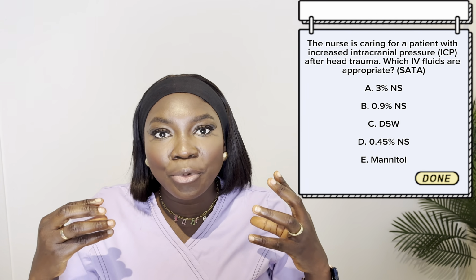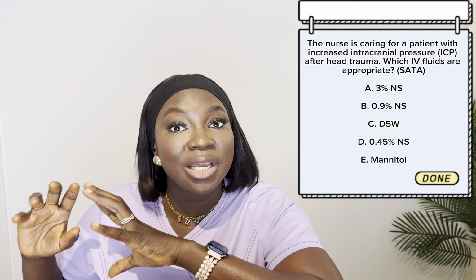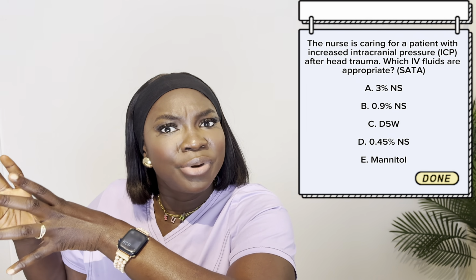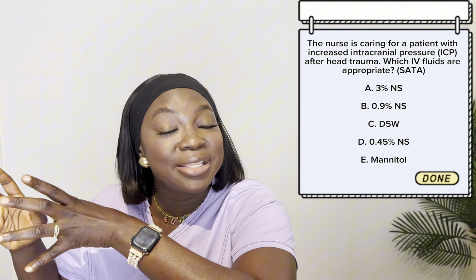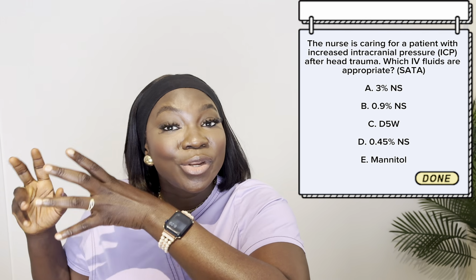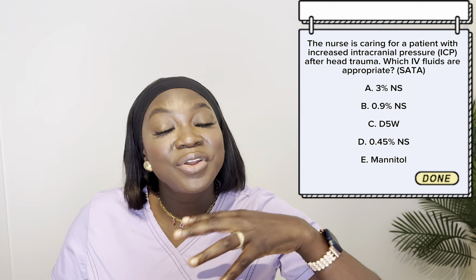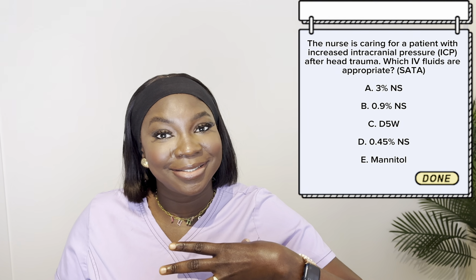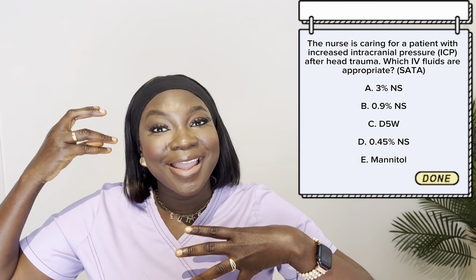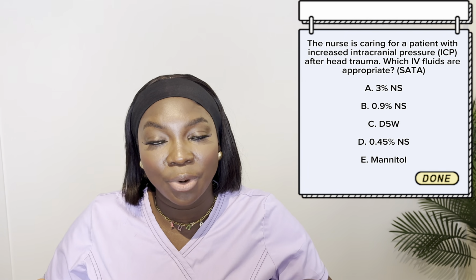You don't want to give them hypotonic fluids that will shift more water into the brain cell and cause more neuro impairments or neuro symptoms like confusion, like headache, like seizure even. So that is why we are not giving 5% dextrose in water. It provides free water once the sugar is metabolized, and will cause cerebral edema. That's why we are not giving it.